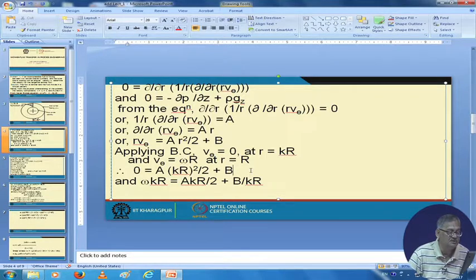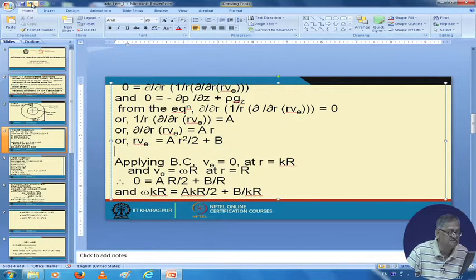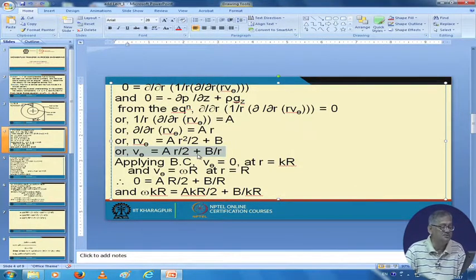Boundary condition, the first one, if we have put here, so this is 0, and then this r equal to kR is kR square. Let us keep that thing, this one with theta, then only, because we cannot put 0.